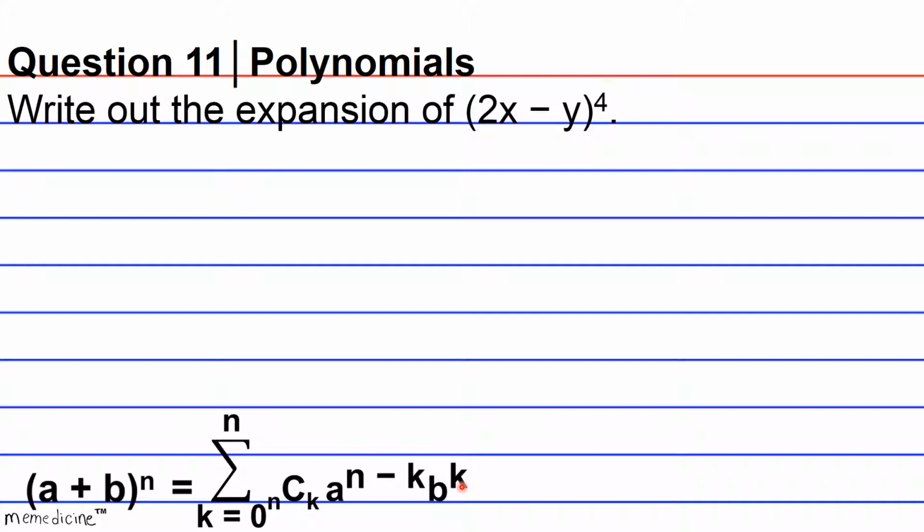Okay, and k is just the term of interest, because sometimes you're not interested in writing out the entire expansion. Or in combination theory and probability theory, it's the amount of elements that you're choosing from a set. Such as if you were to have a deck of cards, the n would be 52 because there's 52 individual cards in a deck.